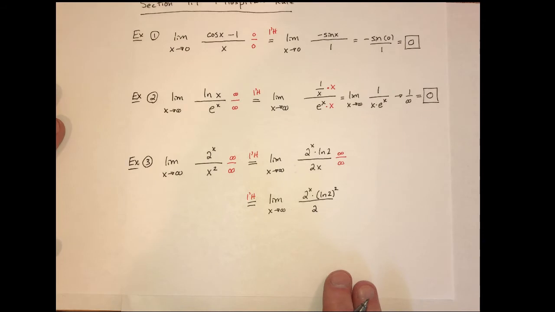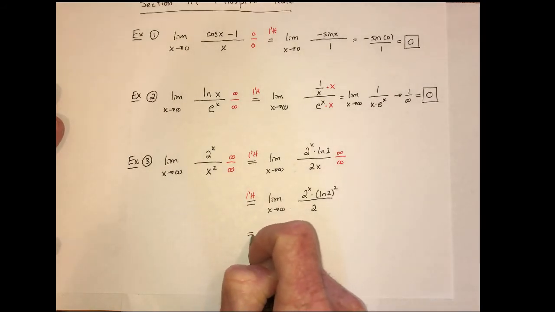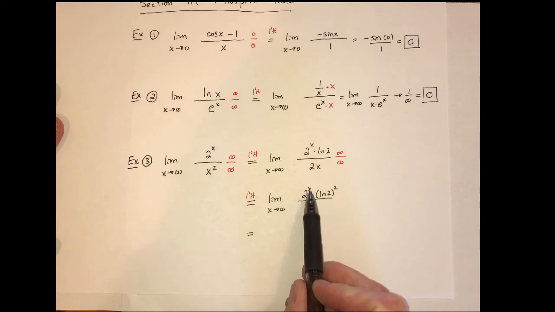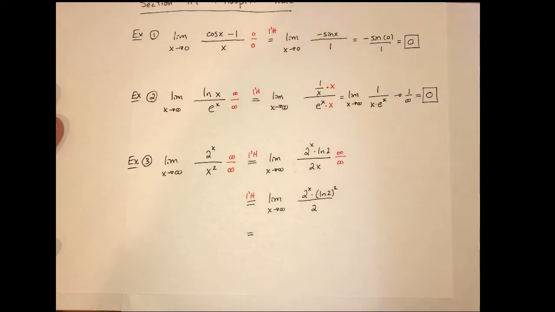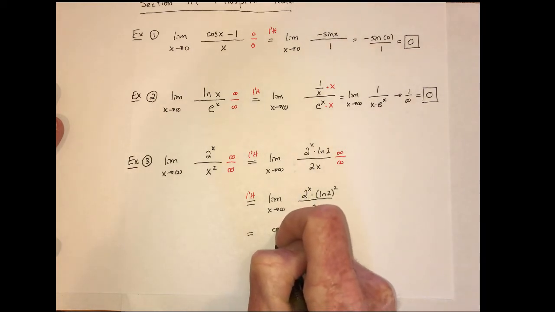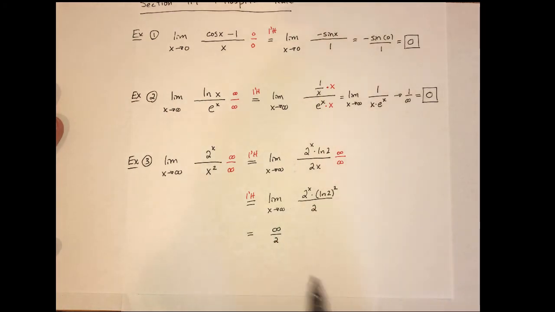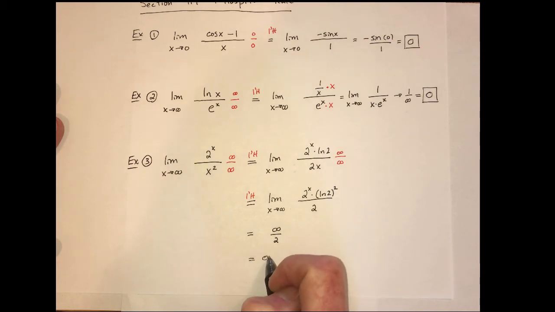And then we're pretty much done. Because if x is going to infinity, this is going to be 2 to the infinity. So that means that the top is infinity. The bottom is 2. And believe it or not, if you take infinity and cut it in half, it's still infinity.